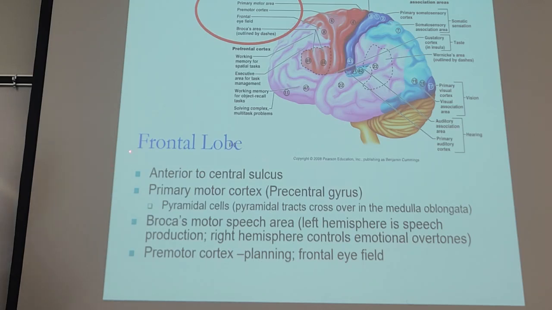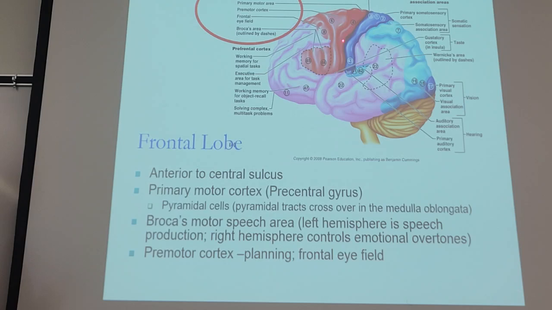The frontal lobe is where motor information is processed. Your primary motor cortex is in the frontal lobe. This precentral gyrus, this big bump, is called precentral because it's before the central sulcus.